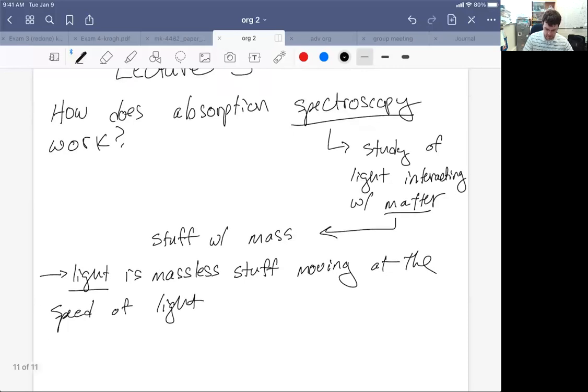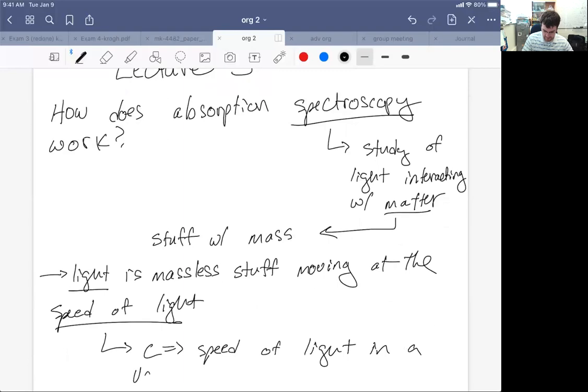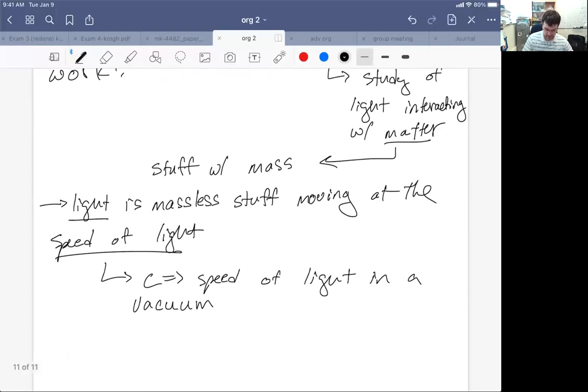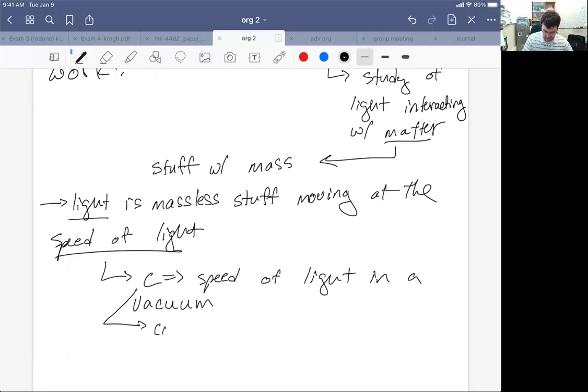Where the speed of light is labeled c, and that's just the speed of light in a vacuum. So this is a constant, c is. That's why we label it c as opposed to another variable notation.